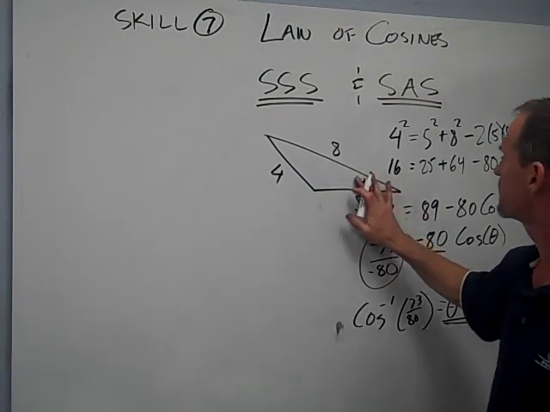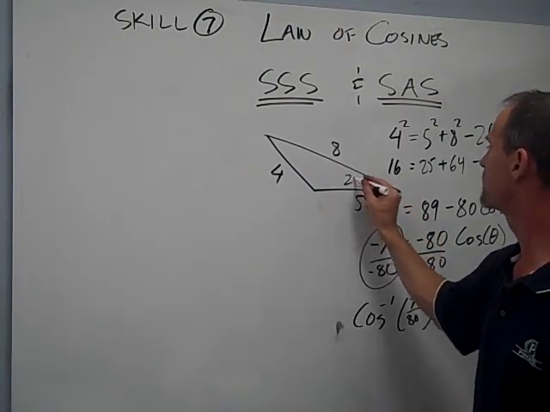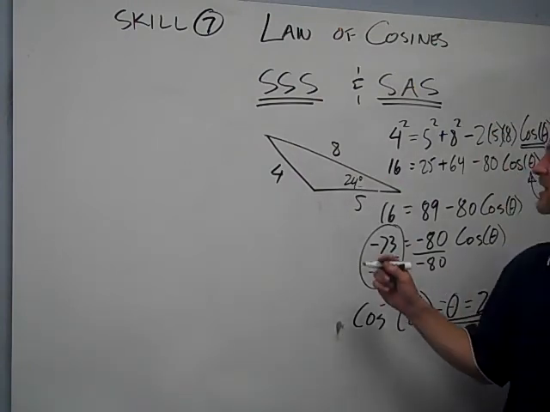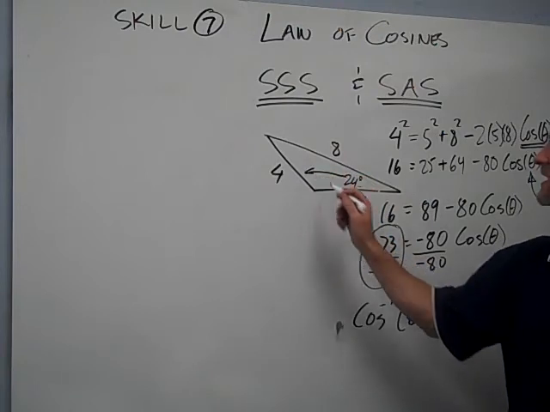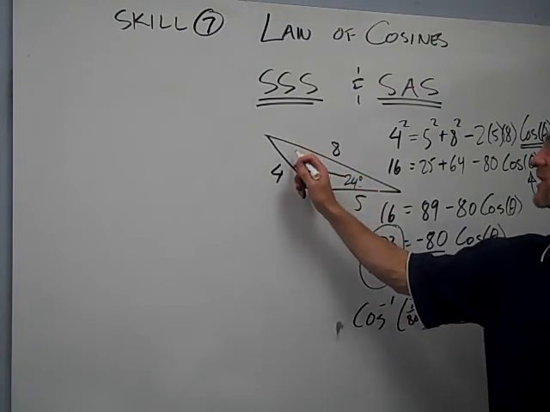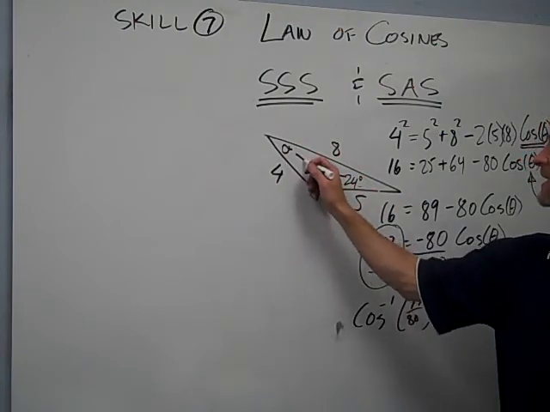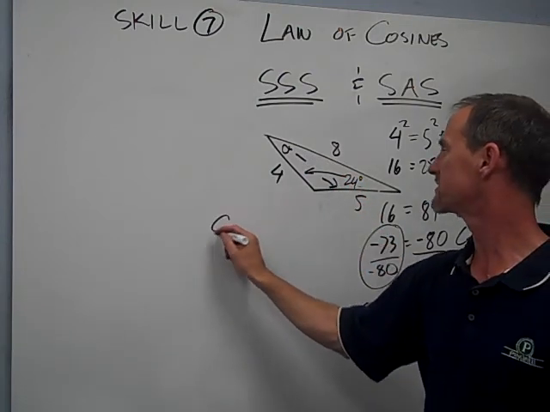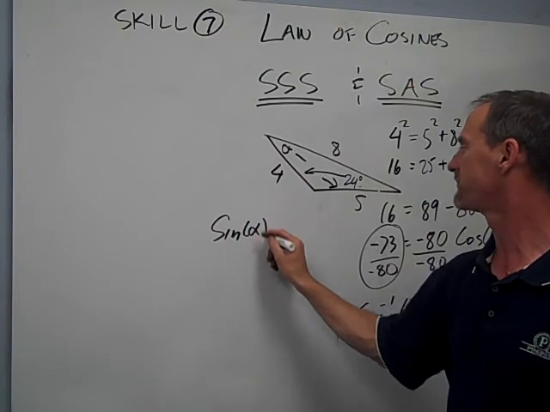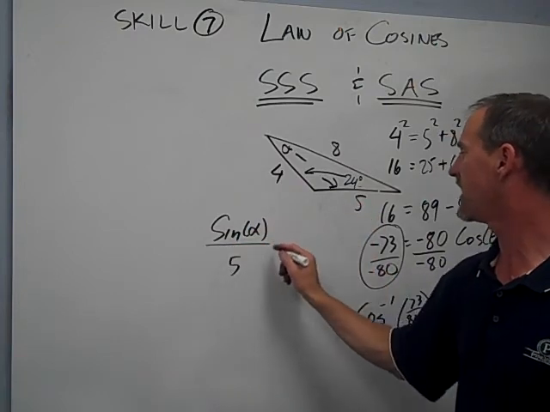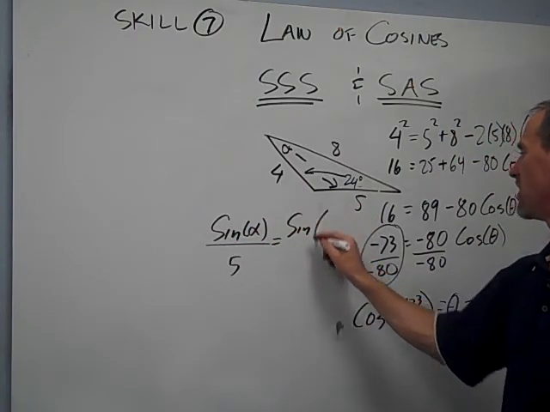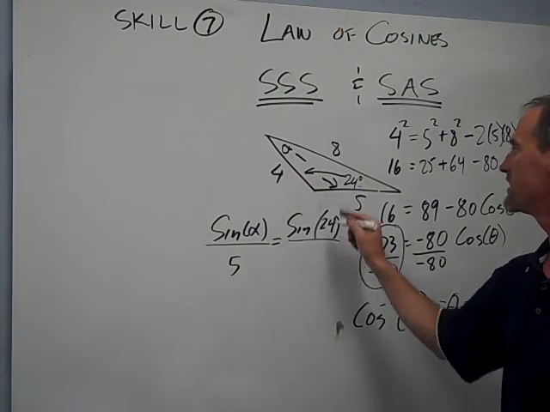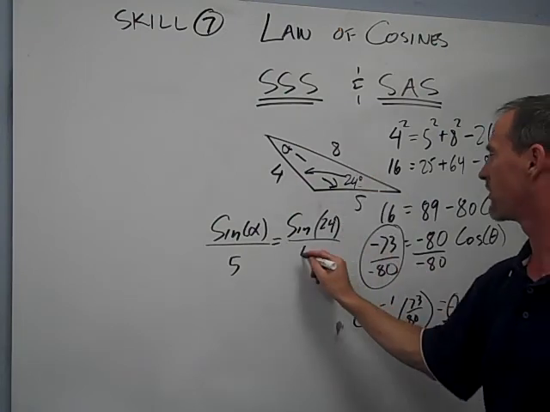So if I know this angle right here is 24 degrees, I can then now go to the law of sines, because I've got an opposite side, and then I can solve for this angle next. Let's call that alpha, and its opposite side. So then I will have the sine of alpha over its opposite side, 5, is equal to the sine of 24 degrees over its opposite side, which is 4.